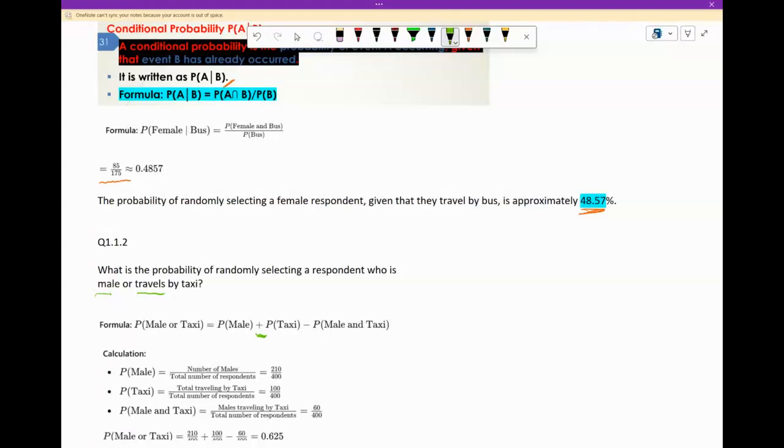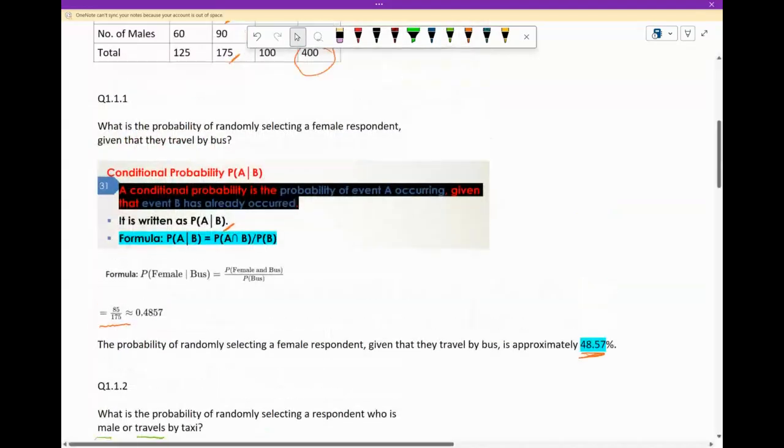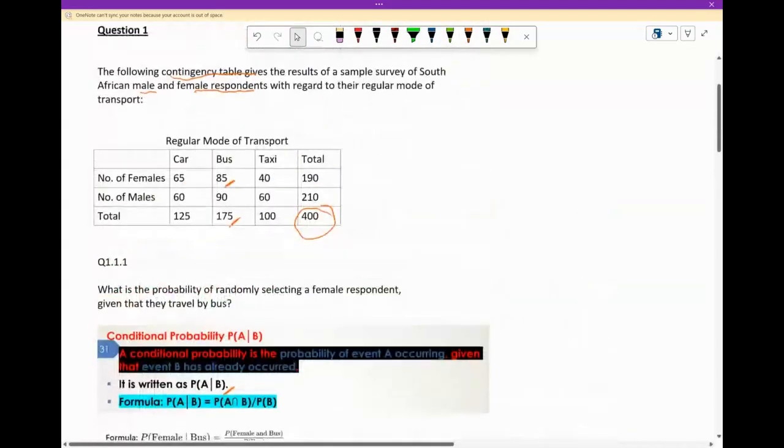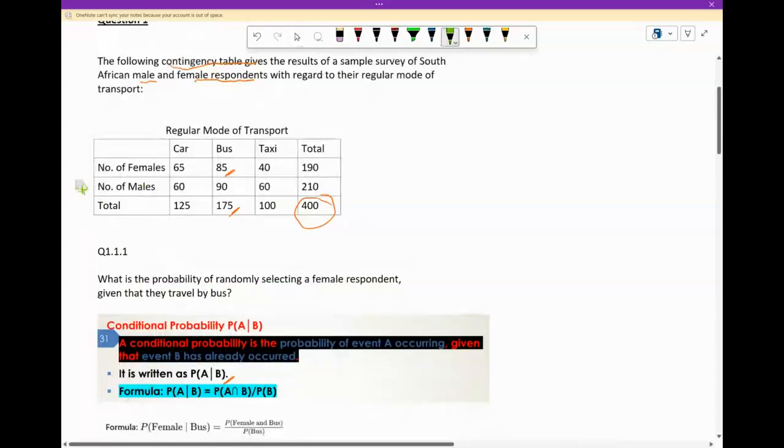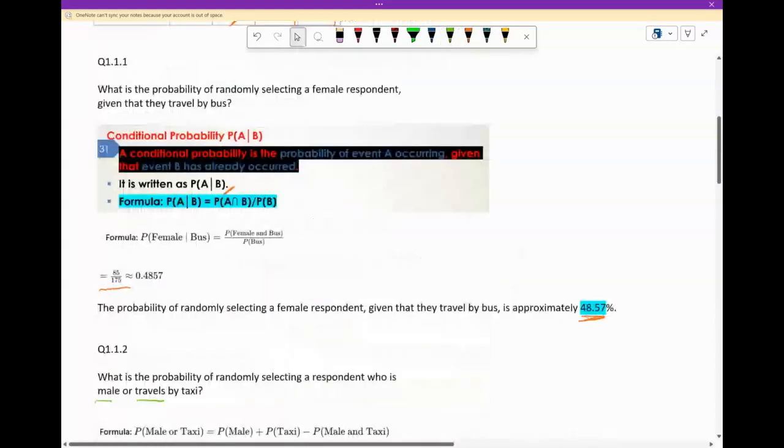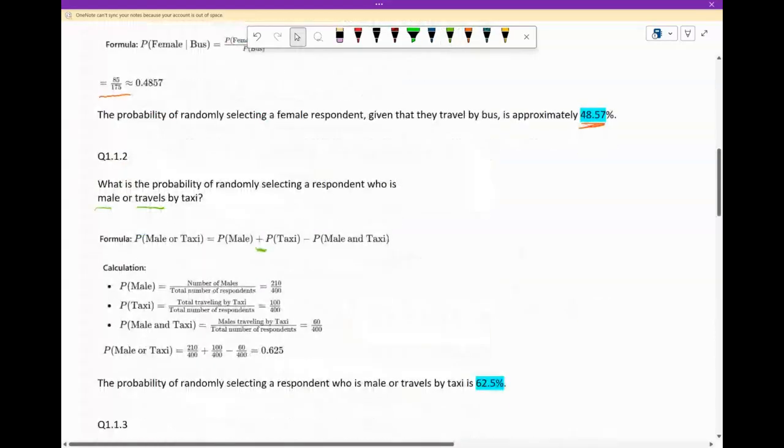You would have minused. Okay, so probability of getting a male respondent. We have to go back to our table. Where are our males? Males are over here. So total males is 210. So 210 divided by the total number of respondents, 210 divided by 400.